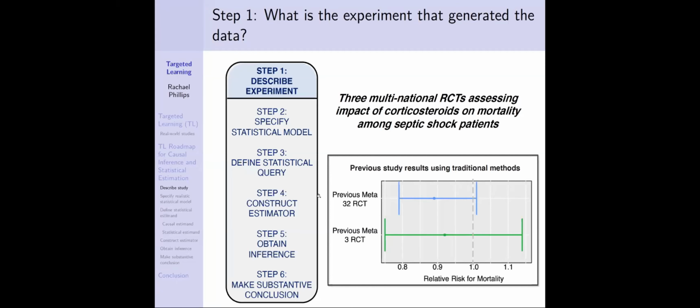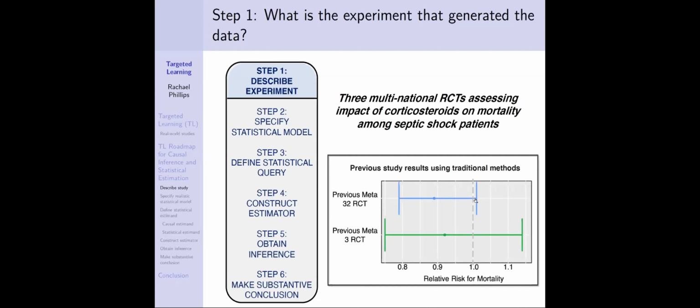Okay, so there were previous study results that used more traditional methods, and they were meta-analyses looking into large amounts of RCTs and then trying to assess the relative risk for mortality. So how much corticosteroids impacted mortality compared to no corticosteroid treatment. Each of them found a null effect.